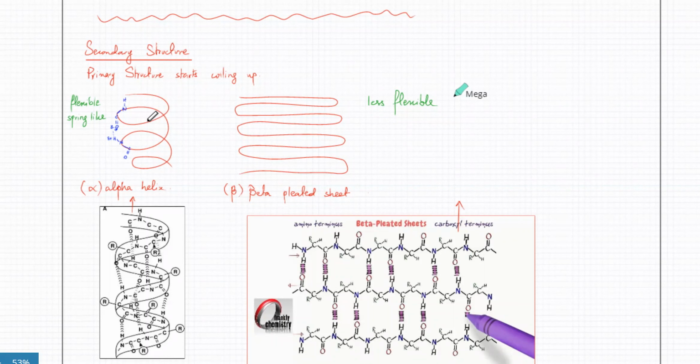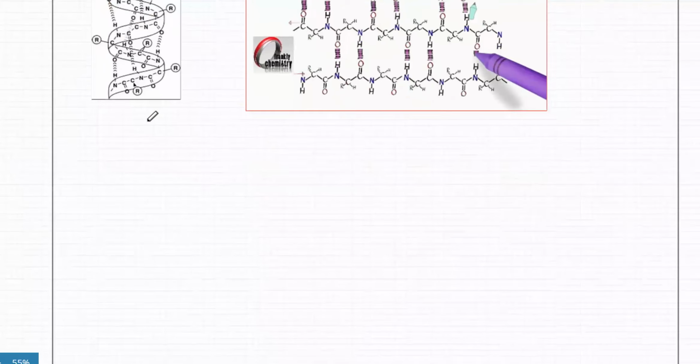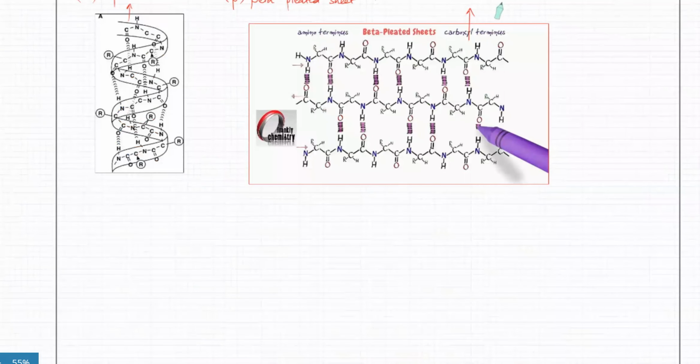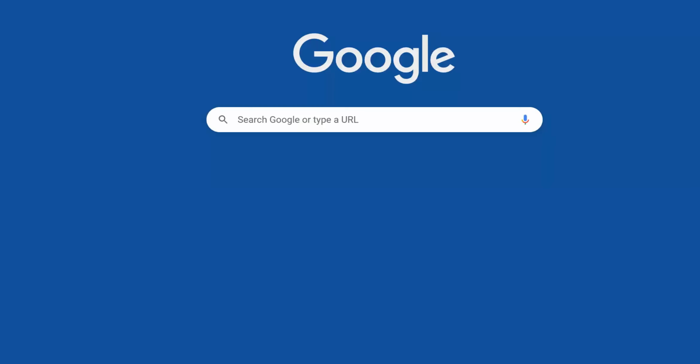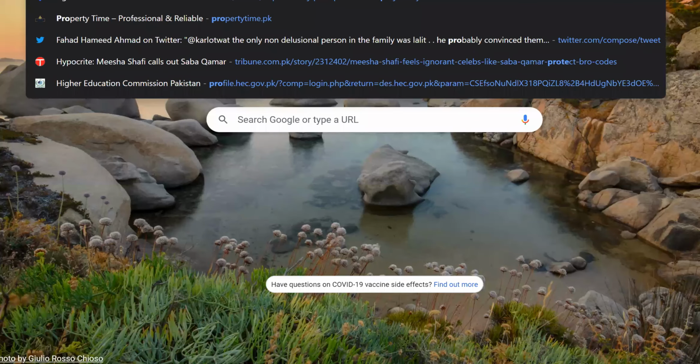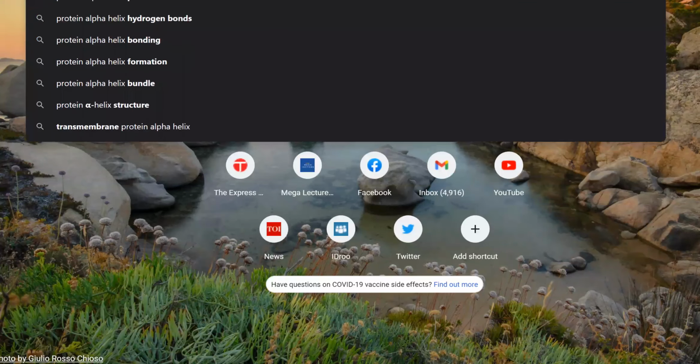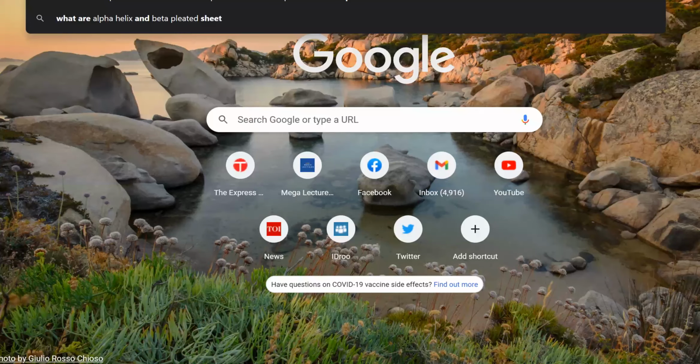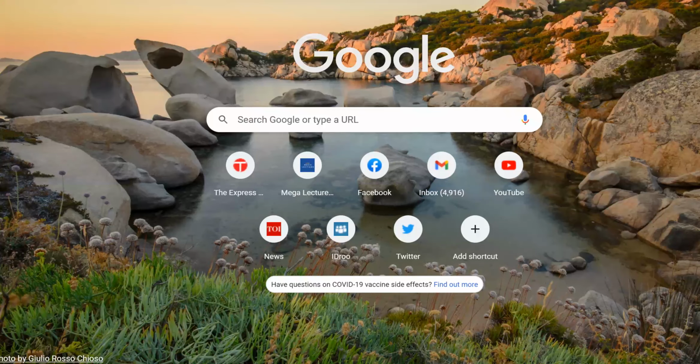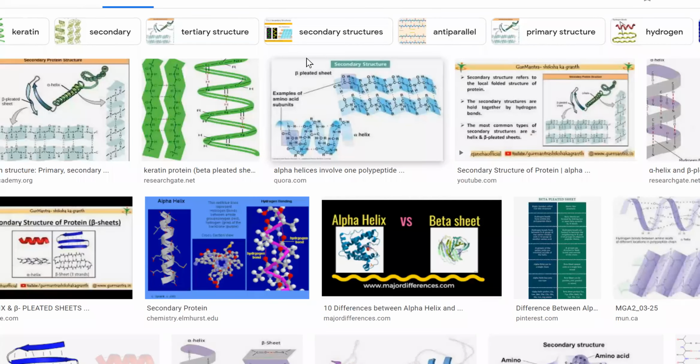Now, a protein molecule is going to have both. It's not going to be one of them. It's going to be both of them. A protein molecule would be containing both of them. So this is what a protein with alpha helix and beta pleated sheets looks like. So if I can just find an image, or I'll have to draw one. That's one they've drawn.